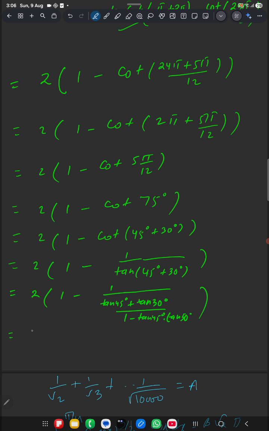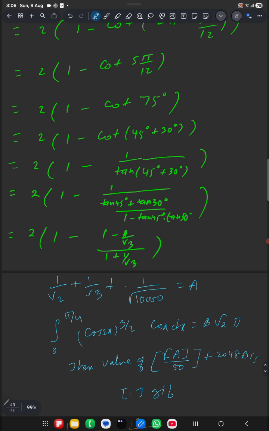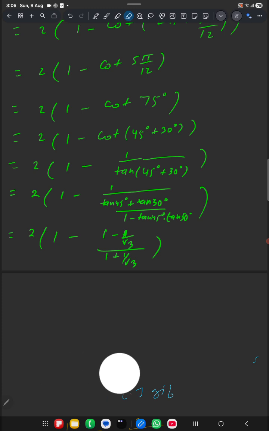So in the next step you will get twice 1 minus, this will go to the numerator, so 1 minus tan 30 is 1 by root 3, and in the denominator 1 plus 1 by root 3. So when you will solve this one, twice of 1 minus root 3 minus 1 by root 3 plus 1.